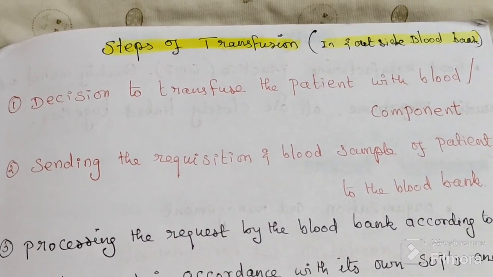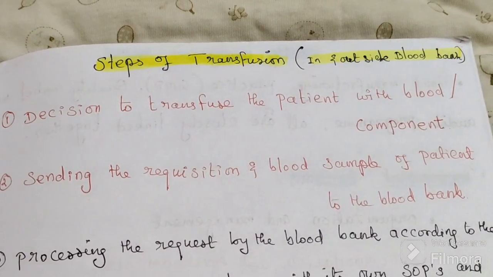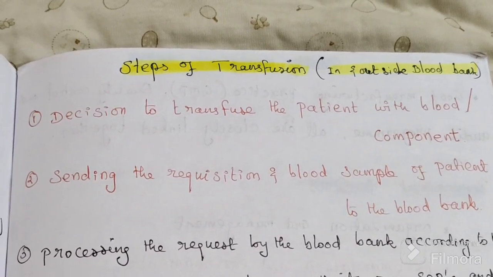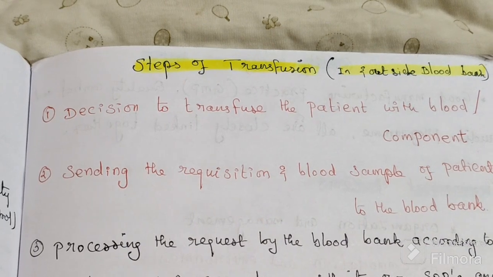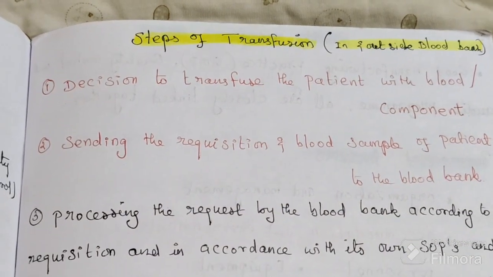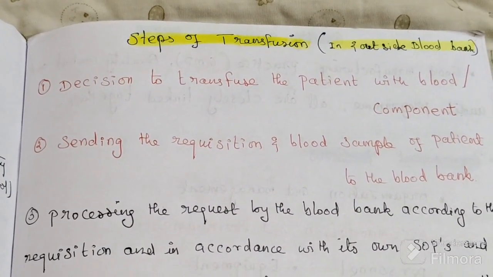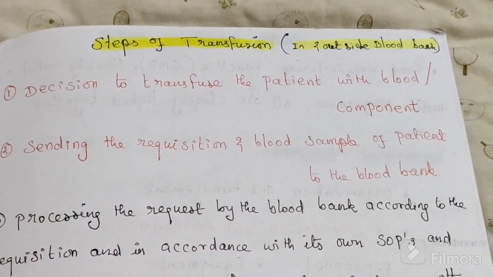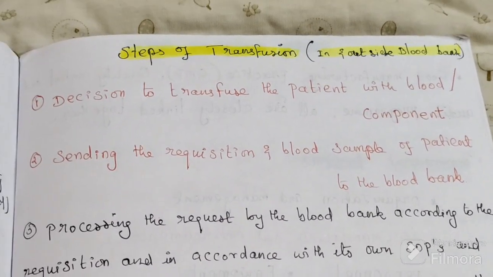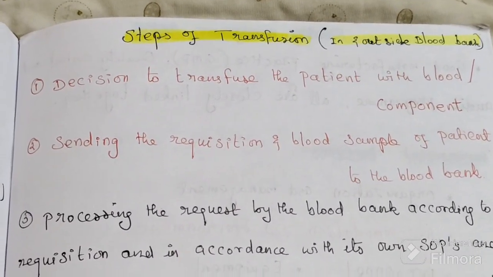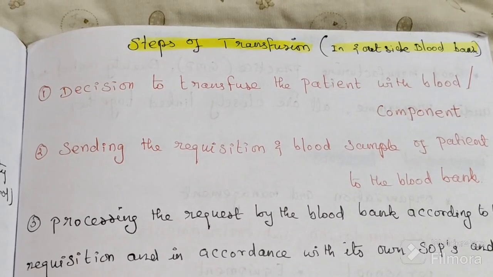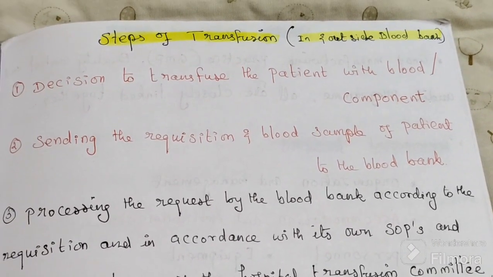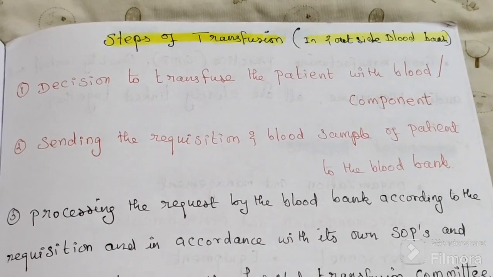These are the steps of transfusion. Some of them are inside and some of them are outside the blood bank. First of all, there is a decision to transfuse the patient with blood or blood component. Then a requisition is sent to the blood bank along with the blood sample of the patient.